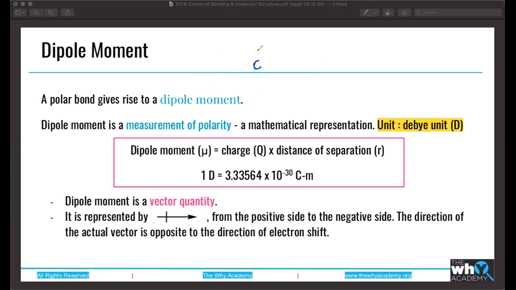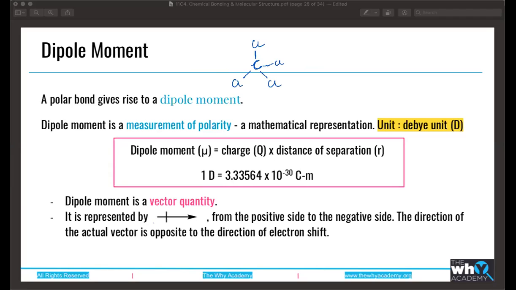So we've been discussing the tetrahedron. It is symmetrical from all sides. So what do you think would be the dipole moment in CCl4? It has to be zero only. Zero only.